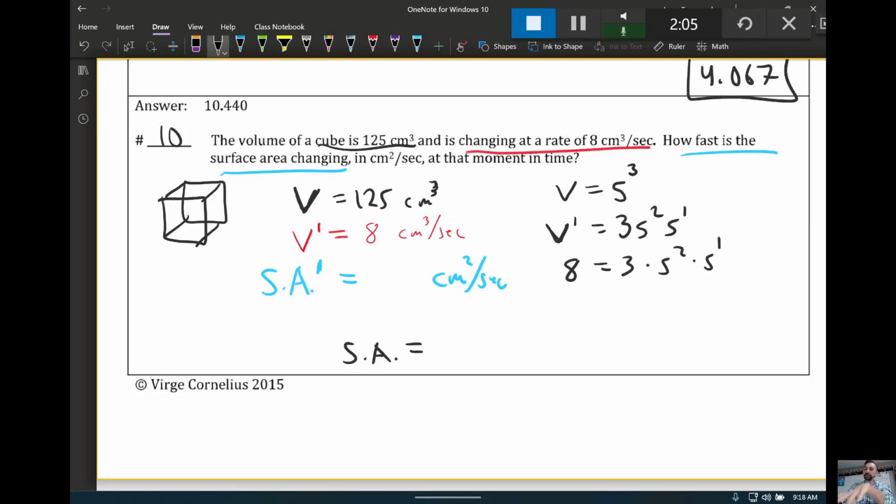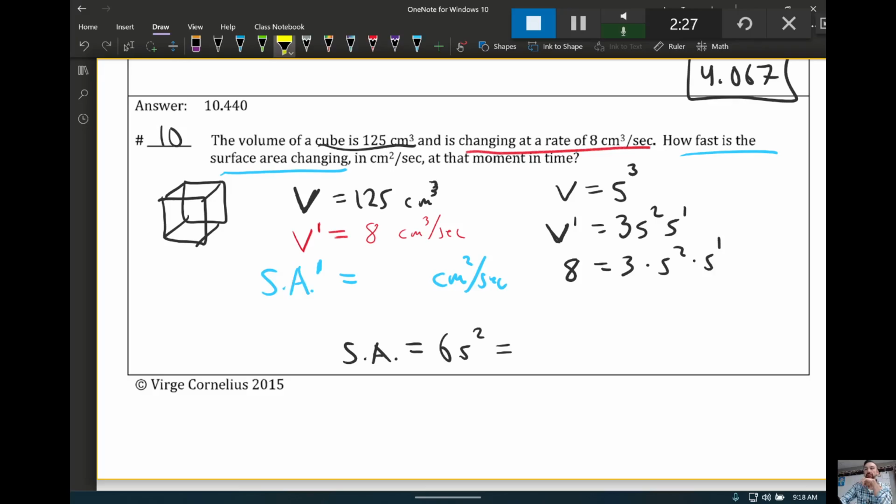So surface area is when you add up the area of all the sides. So a cube is going to have 6 squares. So six square areas. And so I guess if I can figure this out, I could plug that in up here.